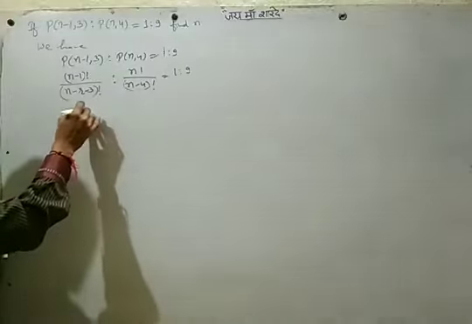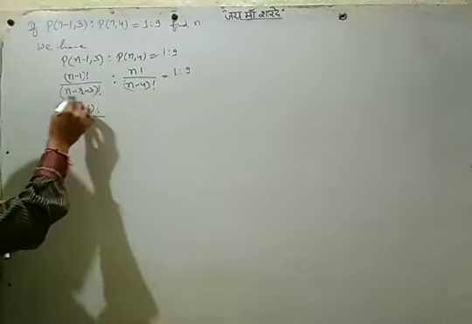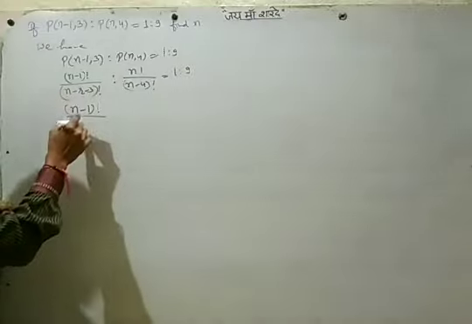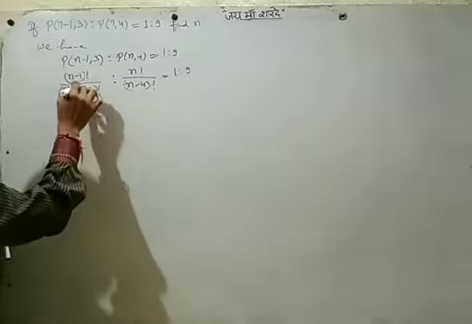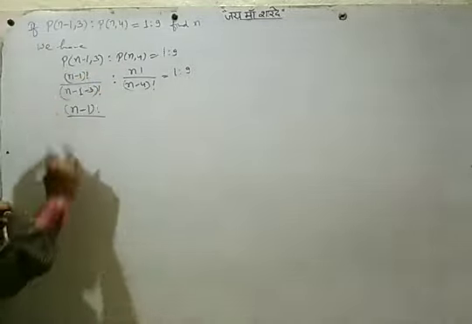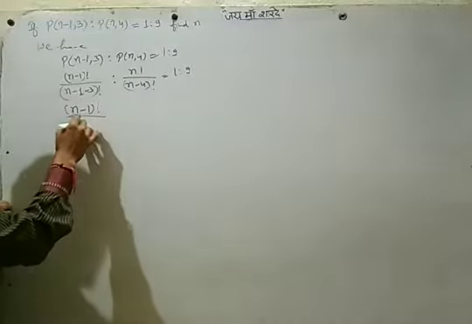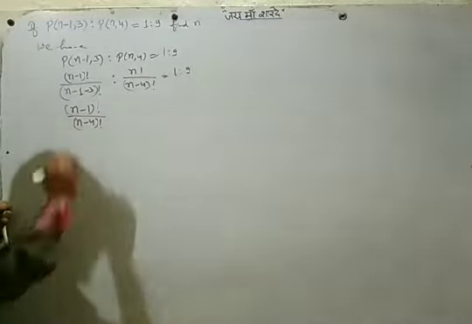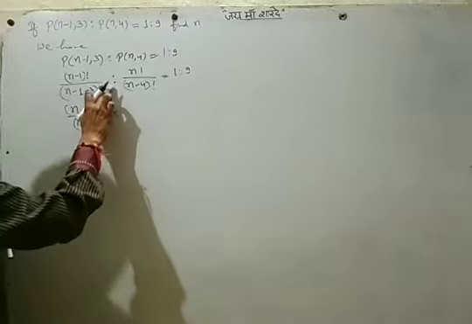Sorry, it is n minus 1, so n minus 1 minus 3 will be n minus 4 factorial.